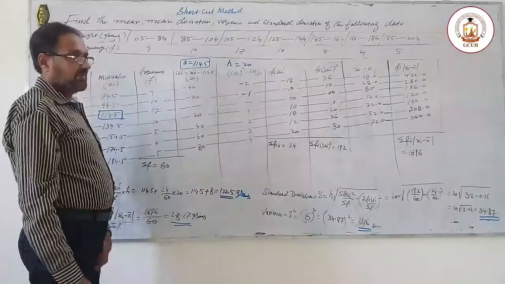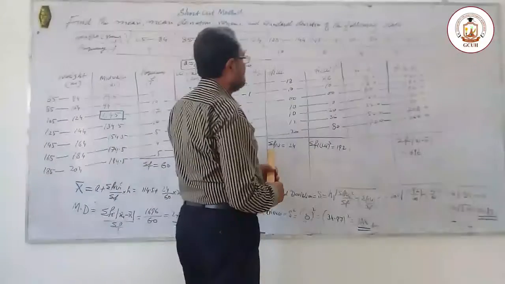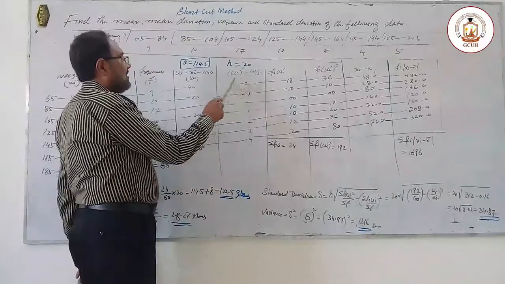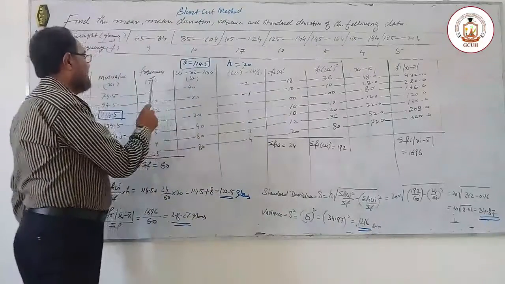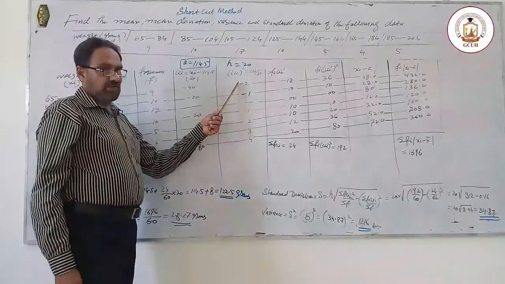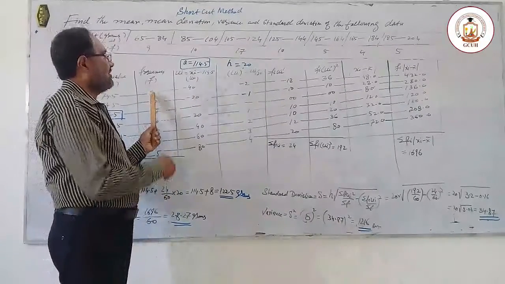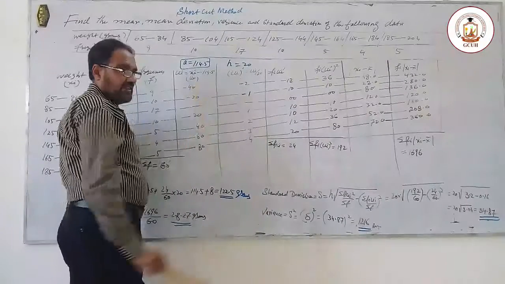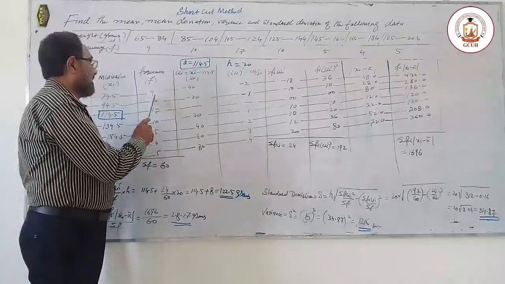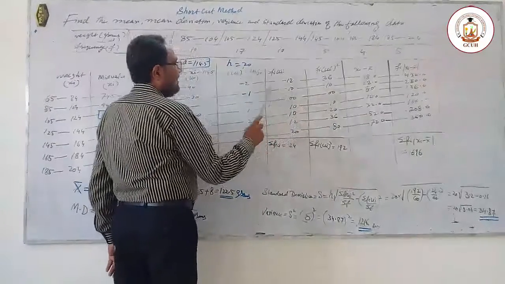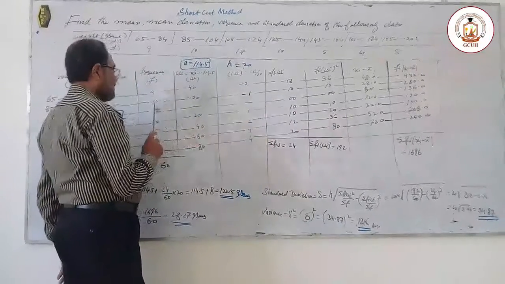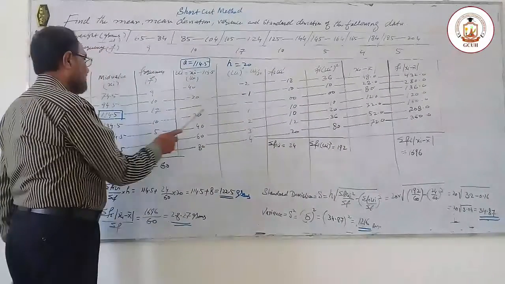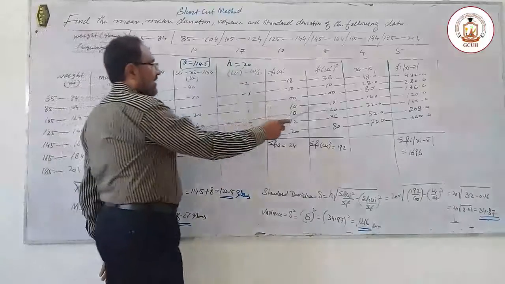Okay. In the next column, we find the square of these values and then multiply by the frequency. The square of minus 2 is 4, and 4 multiplied by 9 gives 36. The square of minus 1 is plus 1, and 1 multiplied by 10 gives 10. The square of 0 is 0, and 0 multiplied by 17 is 0. The square of 1 is 1, and 1 multiplied by 10 is 10, and so on.